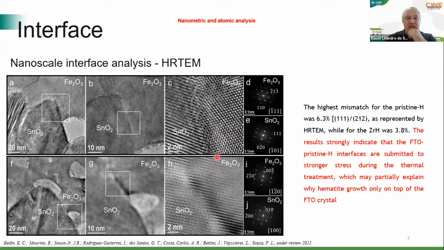Then we made some estimations, and we see that the interface interaction between the FTO and the photocatalyst layer, the hematite, is 3 times higher in the pure system in comparison with the one that we modify with our new strategy, which means that we could reduce, not release, but reduce this competition between the FTO and the grain growth, because then this can avoid some FTO exposition and electrons.